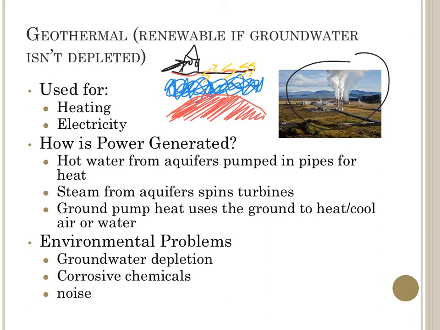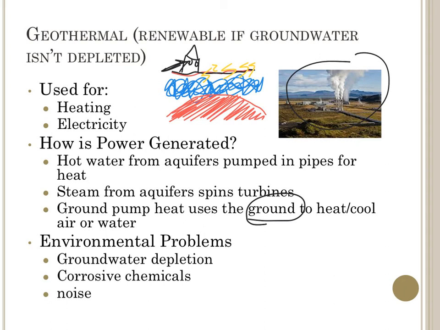There's also a newer type where the ground is warmer in the winter and cooler in the summer. If you've ever started digging in the earth, and it's 100 degrees outside, it's cool down in the dirt. So can we use that temperature differential to heat and cool our house? We can.